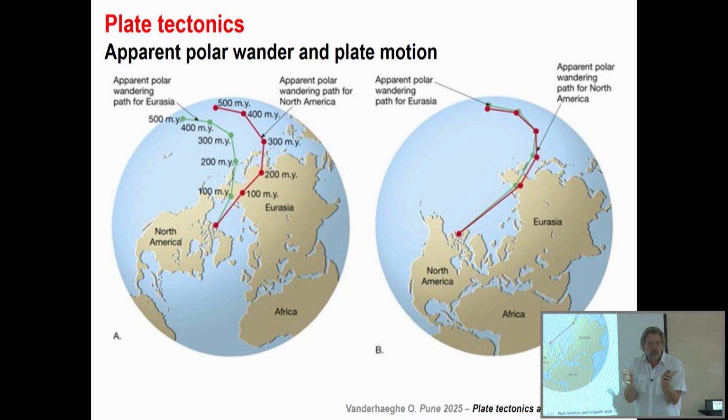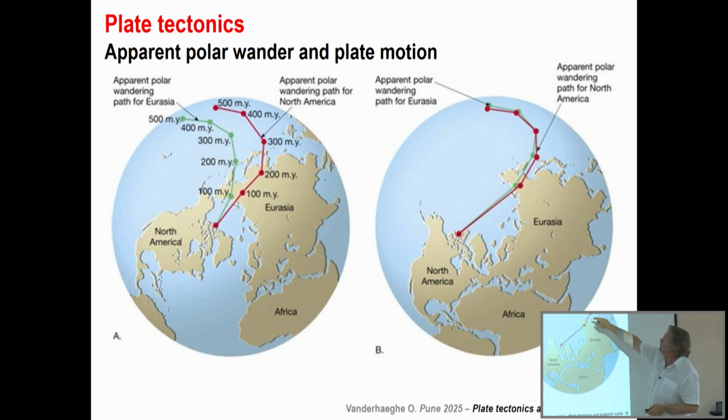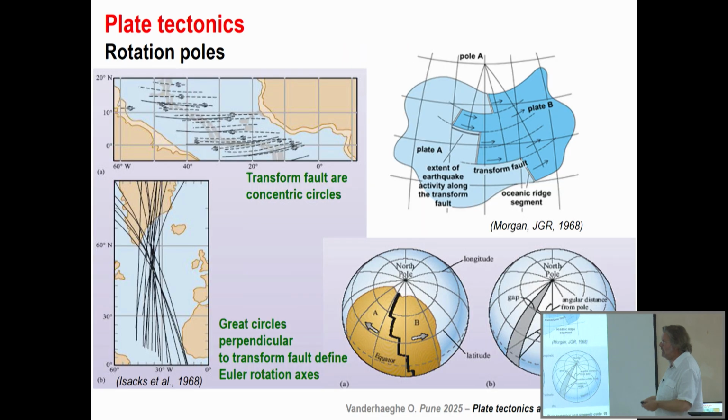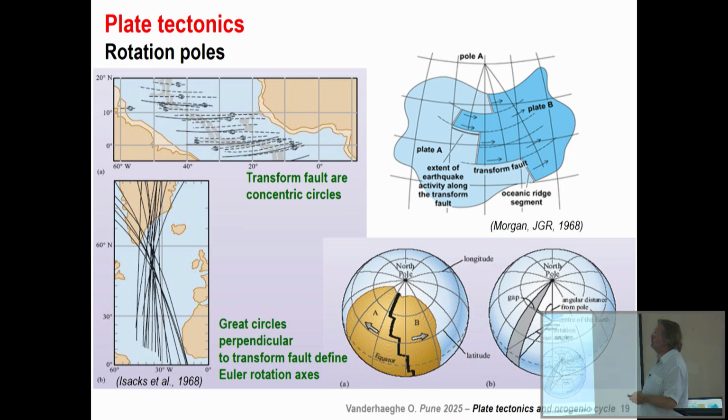Instead of having the poles move, make the continents move and match the poles. And that leads to that reconstruction 500 million years ago and the opening of the Atlantic in several steps.